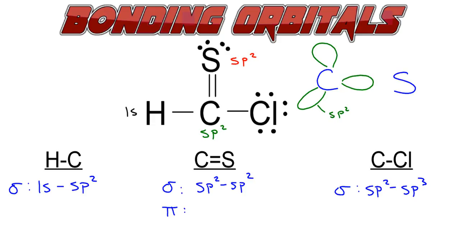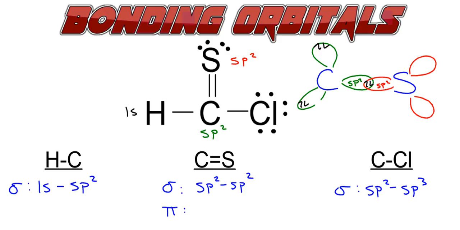Let's get that out of the way. I'll say sp2 here. And then my sulfur has the same idea, an sp2. What's happening is that these are sharing electrons right here. Like over here, this is sharing an electron with my hydrogen and my chlorine.